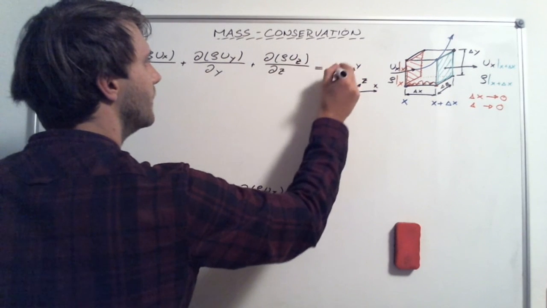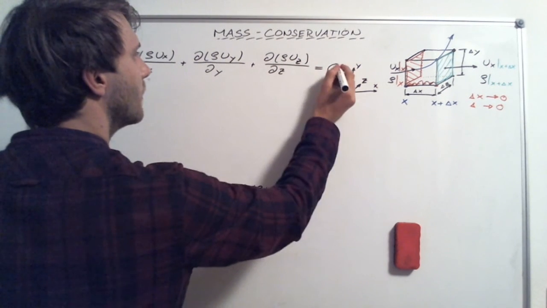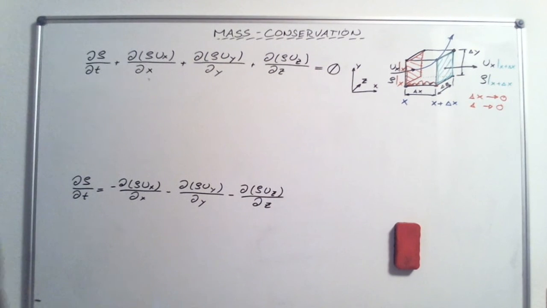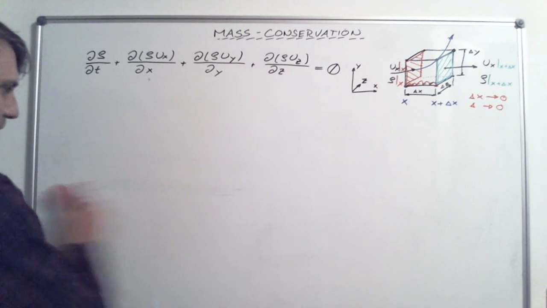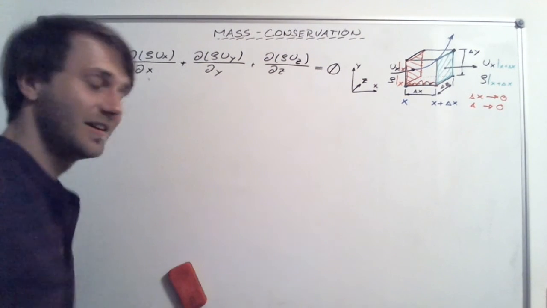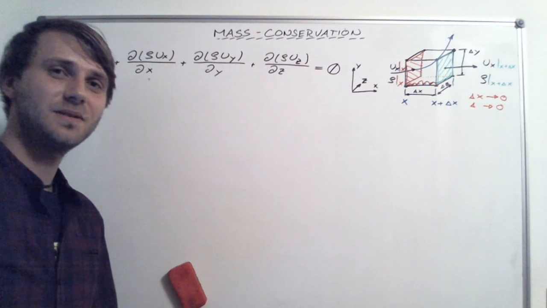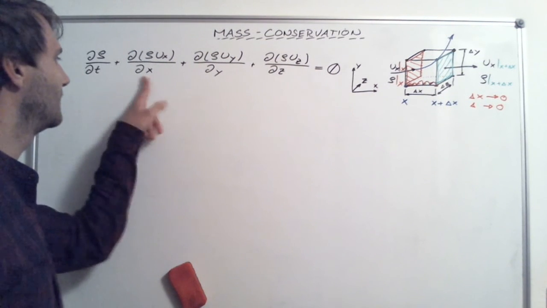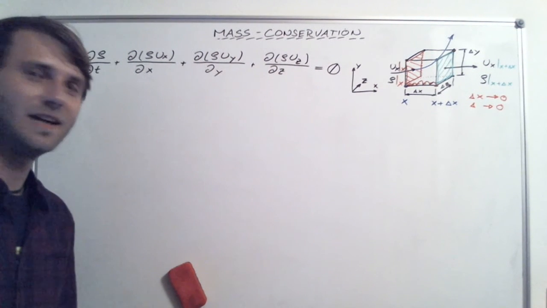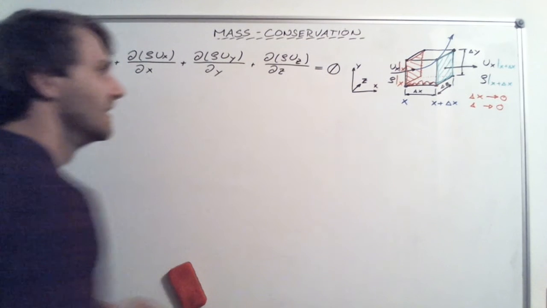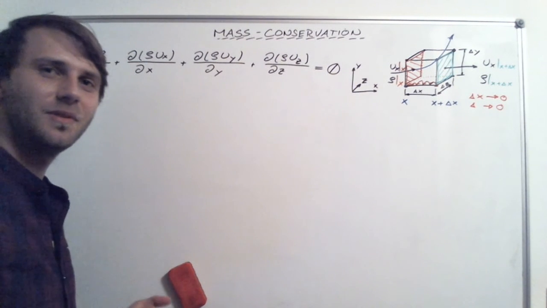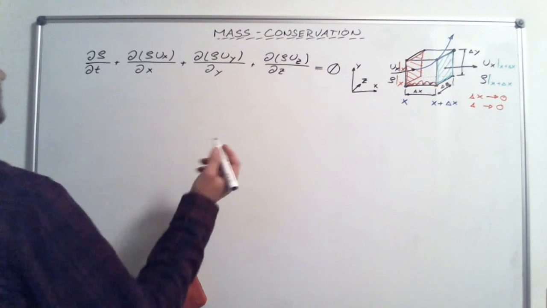And this has to be 0. So now we get the mass conservation equation. You saw it's very easy and straightforward. No black magic, no difficult mathematics behind.